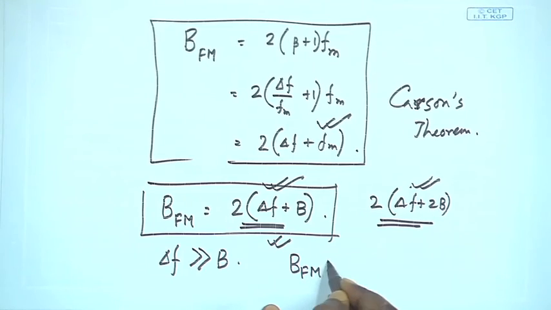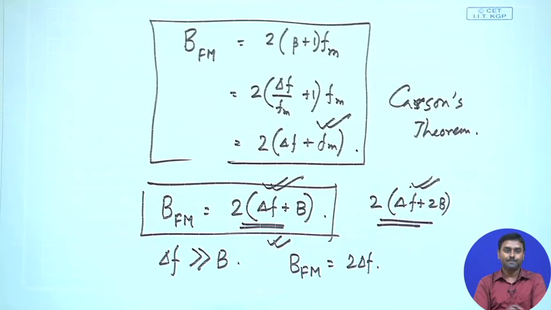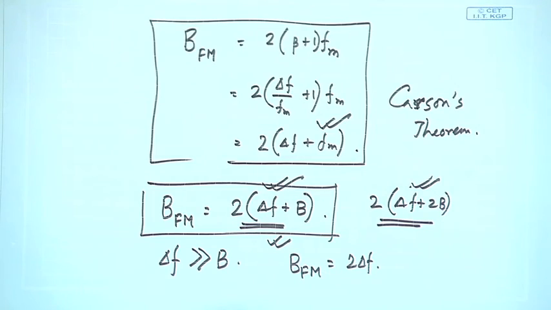On top of that, the bandwidth coming from the actual message signal will be insignificant. So, there I can say this BFM is nothing but 2 into the deviation, as long as the deviation is taken from omega c to plus half or minus half, and not the whole deviation, then it will be just del f. So, that is something we have already told.